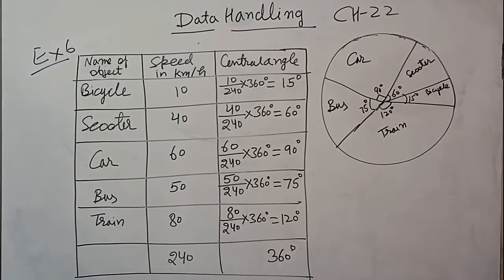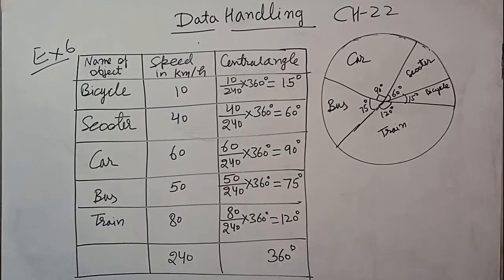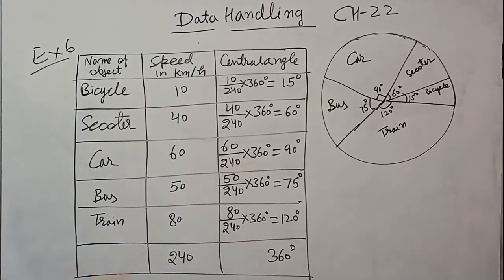Suppose we are given the objects bicycle, scooter, car, bus, train, and their speeds are given as 10, 40, 60, 50, 80, and we have to make a pie graph or pie chart for this data.